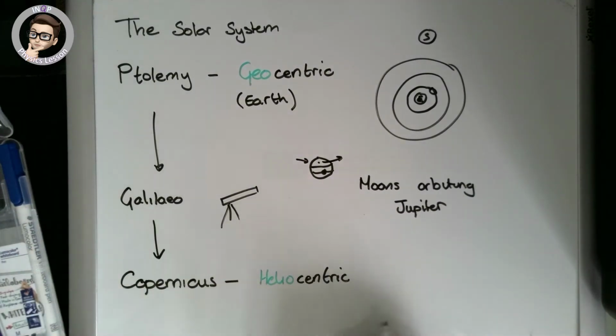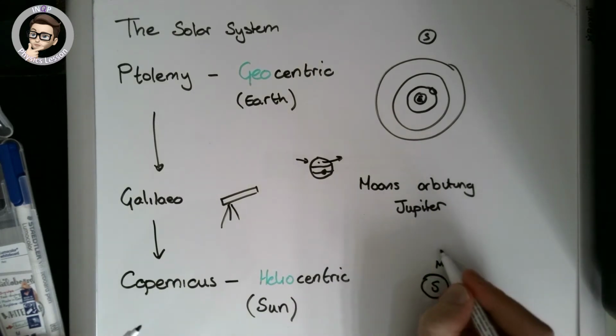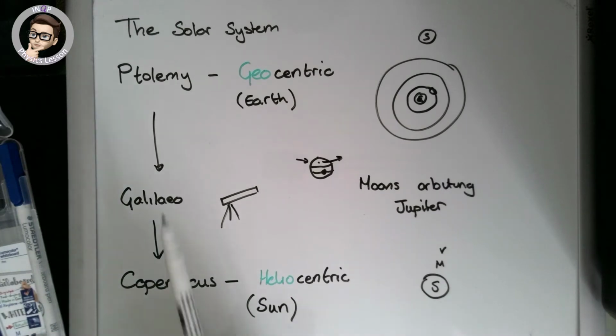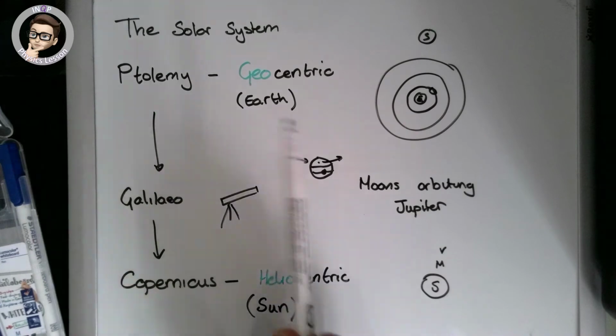So heliocentric means a sun-centered model. And that's far more what we believe these days. So there's the sun, then we have Mercury, and then Venus, etc. And we'll come back to that in a moment. So those are our two models. We've got the heliocentric, which is the one we believe these days, Copernicus, Galileo, who found it, and Ptolemy, who believed in the geocentric model.